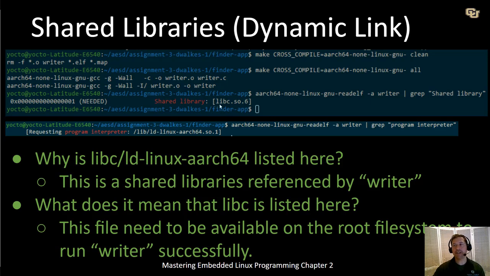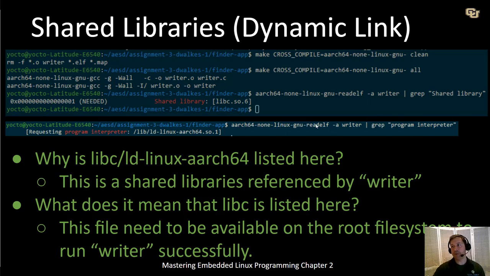So this is going to need to be on the file system of the target in order for my application to run successfully. And if I look at the program interpreter, this would be a second reference to a library that I'm going to need in order to run my application on the target.